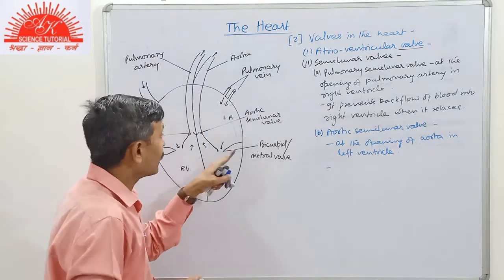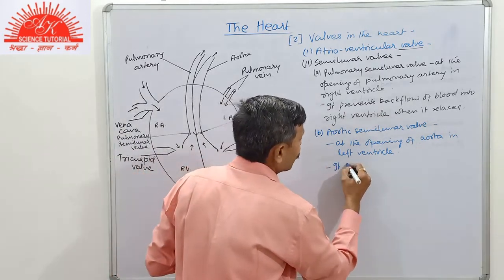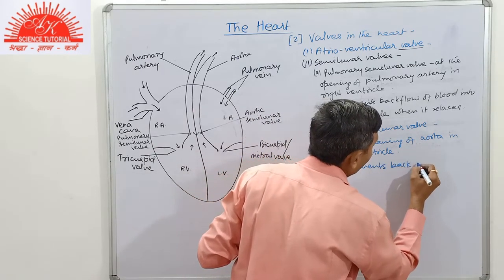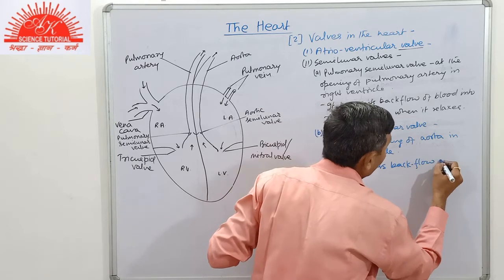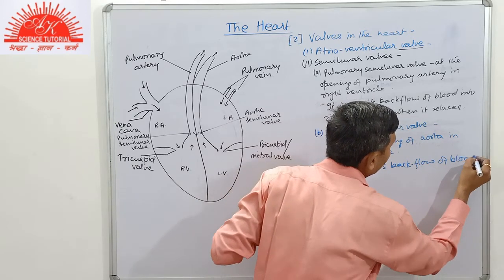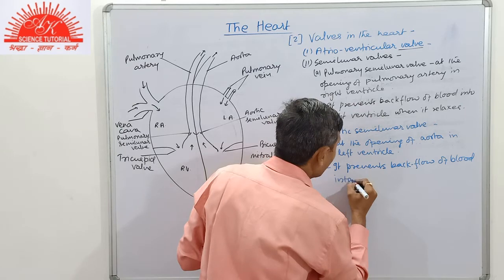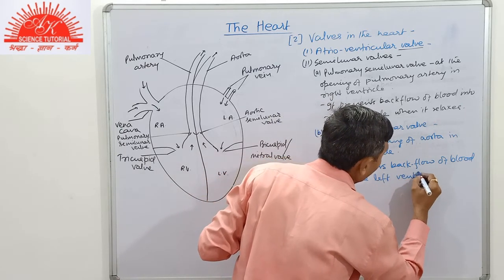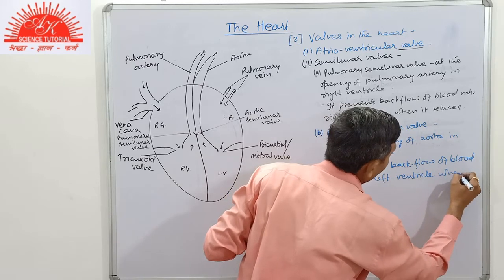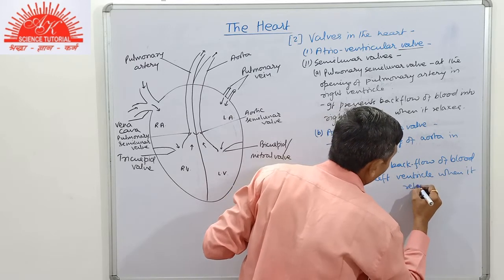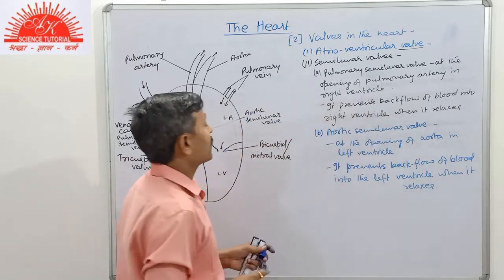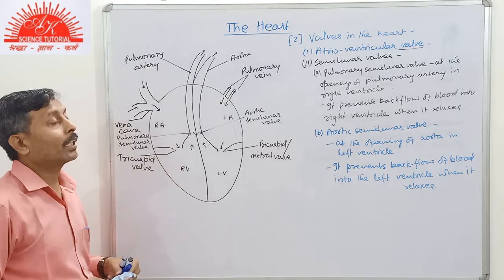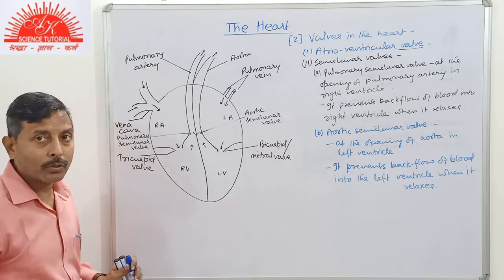Again similar to that, it prevents backflow of blood into the left ventricle when it relaxes. So we have studied 4 types of valves on the basis of their location and function. Clear, students?